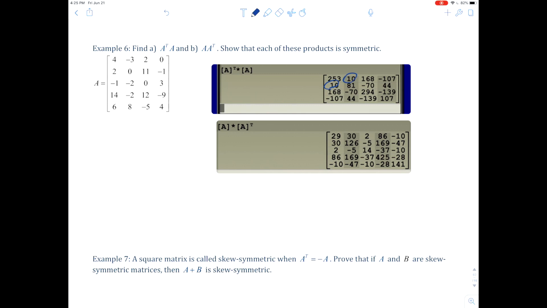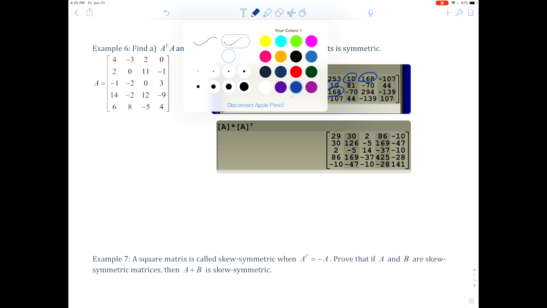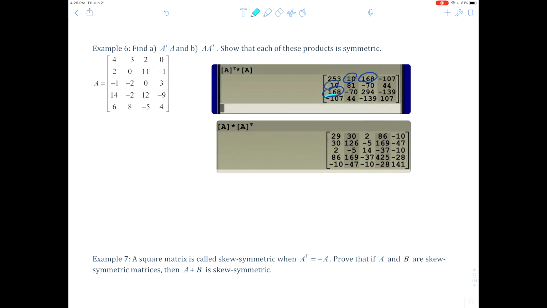And then here the 168s are the same. Cool so far. And then here you'd have the -107, and then a -70, and then -70 and 107.